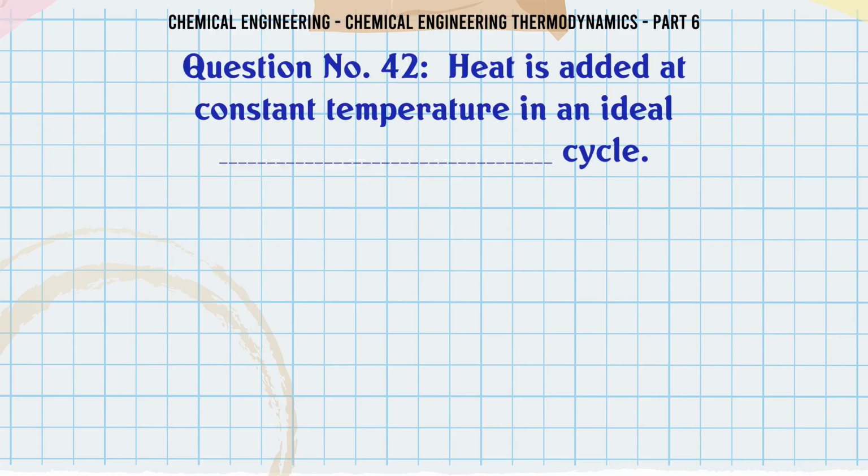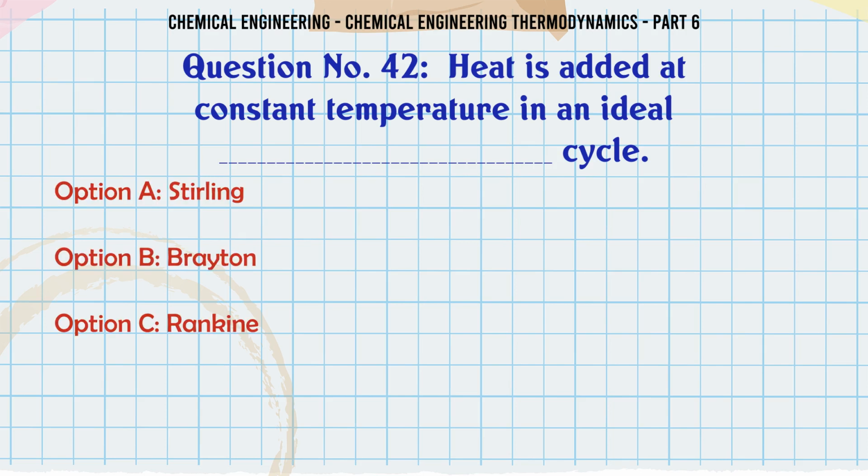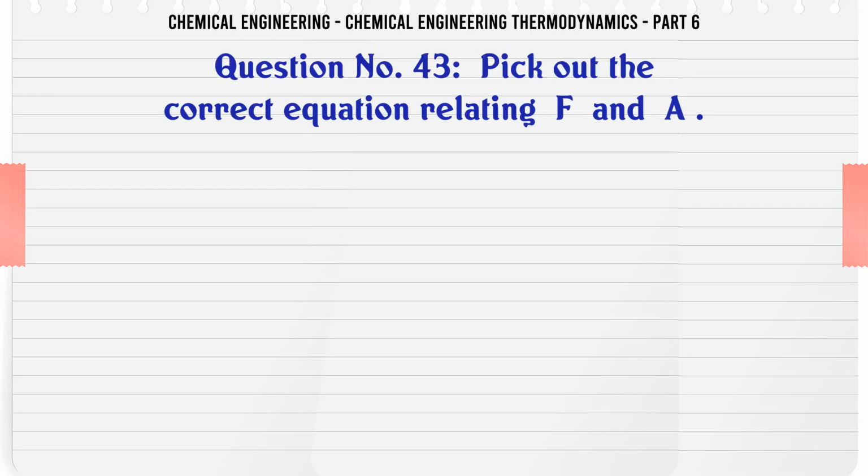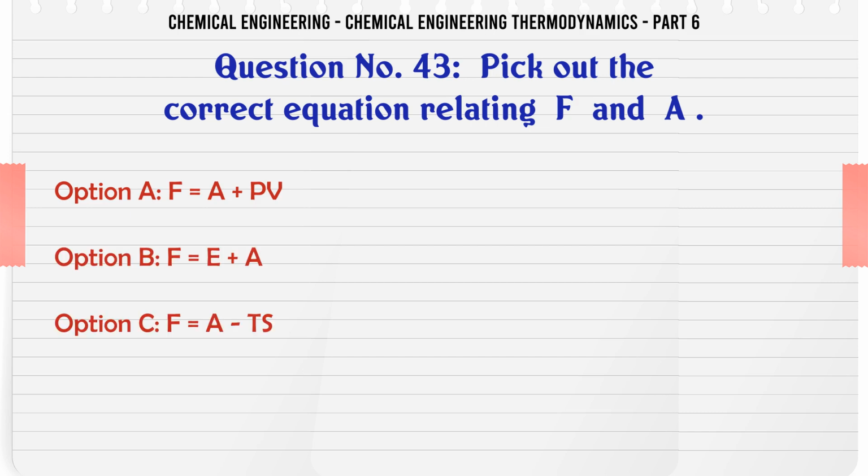Heat is added at constant temperature in an ideal cycle. A. Stirling. B. Brayton. C. Rankine. D. none of these. The correct answer is Stirling. Pick out the correct equation relating F and A. A. F = A + PV. B. F = E - A. C. F = A - TS. D. F = A + TS.